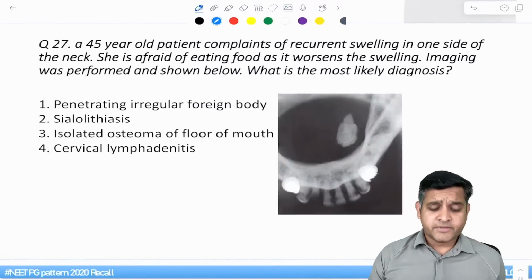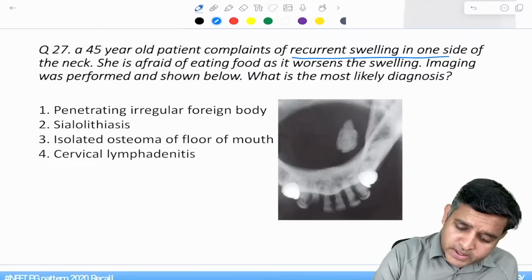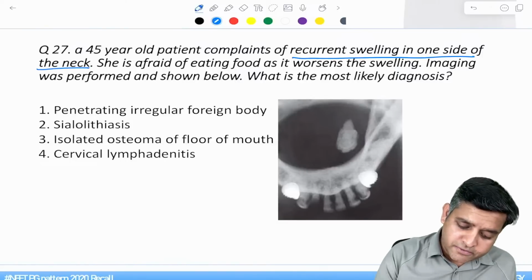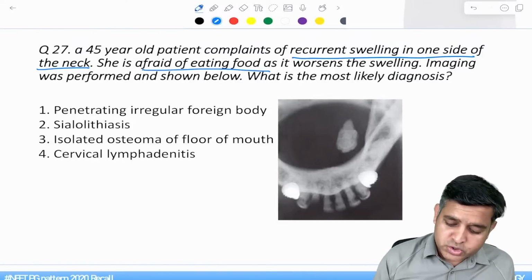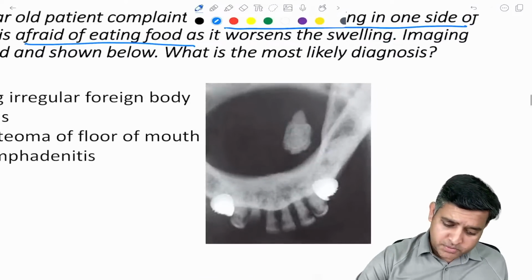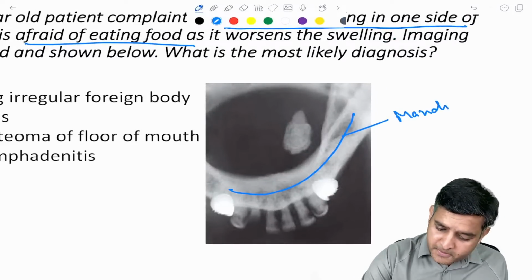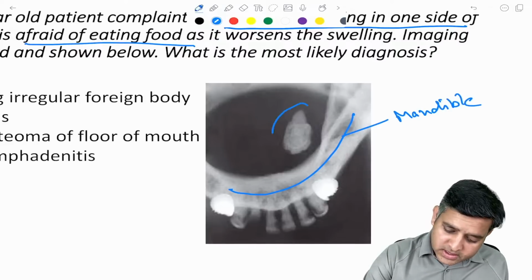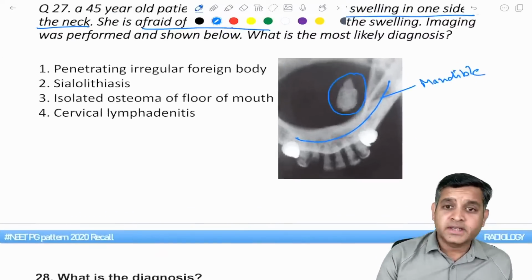27. A 45-year-old patient complains of recurrent swelling in one side of the neck. She is afraid of eating food as it worsens the swelling. Imaging was performed and shown below. Now what do you see? I hope it is very easy for everyone to identify that this is the mandible, right? And you are seeing this white area. What have we learned in the classes?